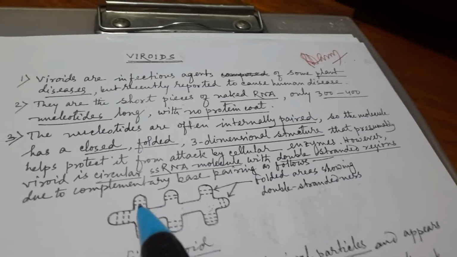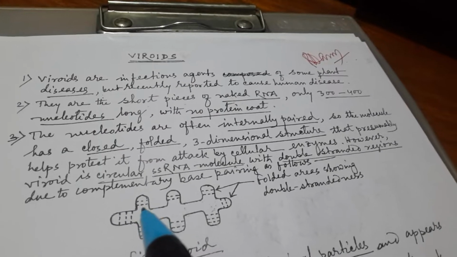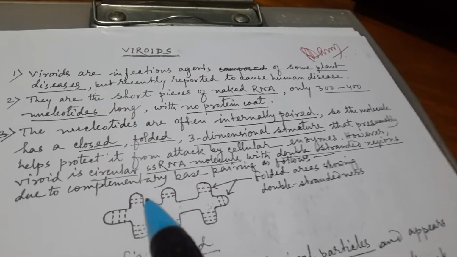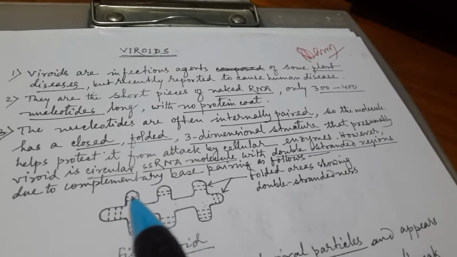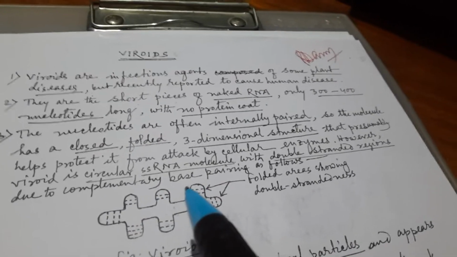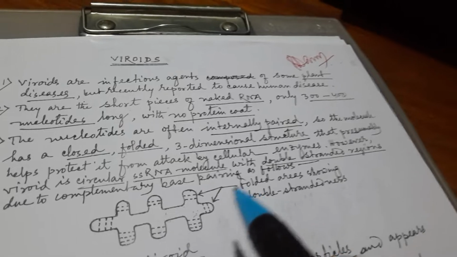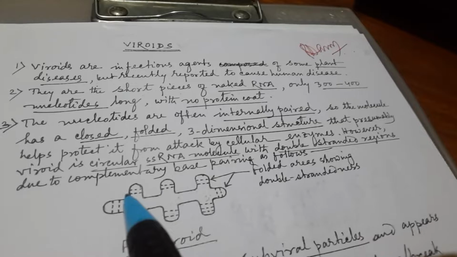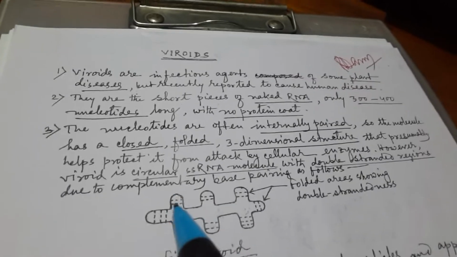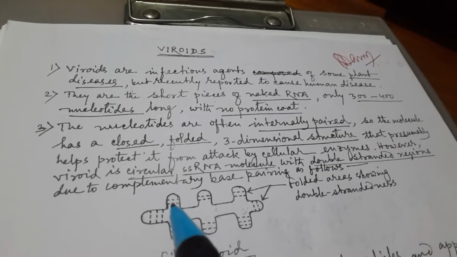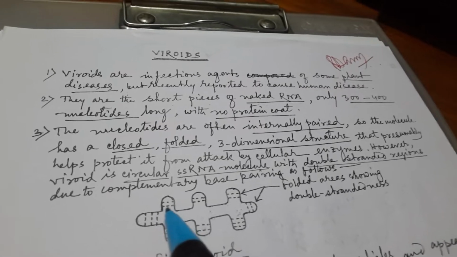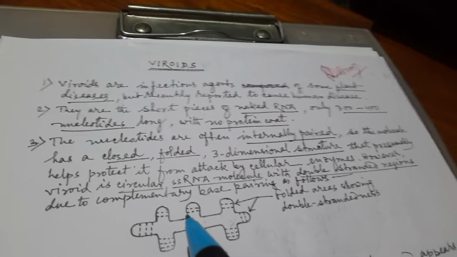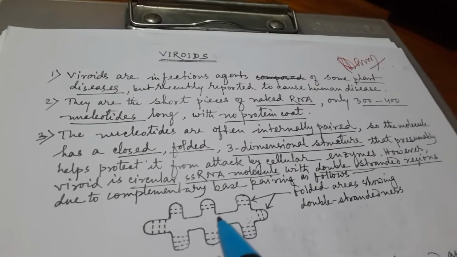Complementary base pairing is the hydrogen bonds between two complementary nitrogenous bases, that is AT and GC in case of DNA, and in case of RNA AU and GC. So here a fold or coil is formed, here also a fold or coil is formed.